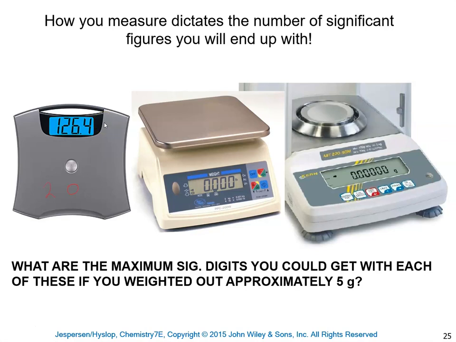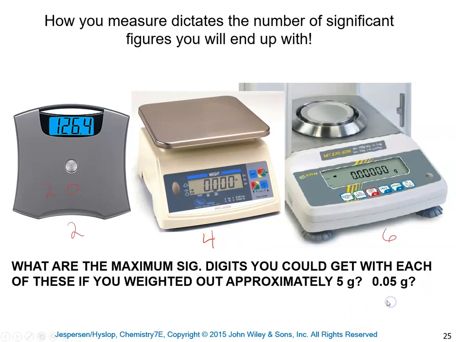If we go to the next one, we would have 5.000, so we would have 4 significant digits. And finally, in this last case, we would have 5.12345 zeros following, so a total of 6 significant digits. So here we would have 2 significant digits, 4 and 6.